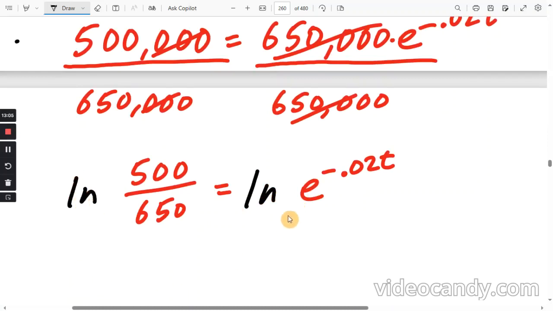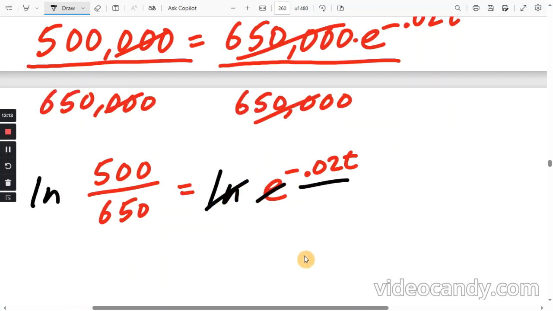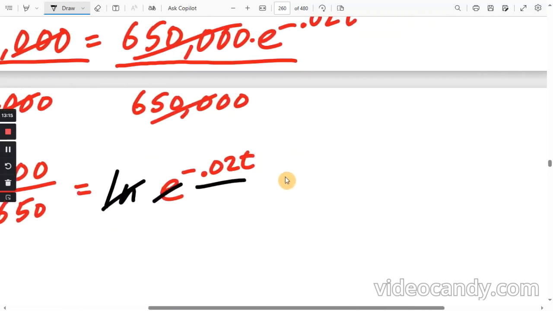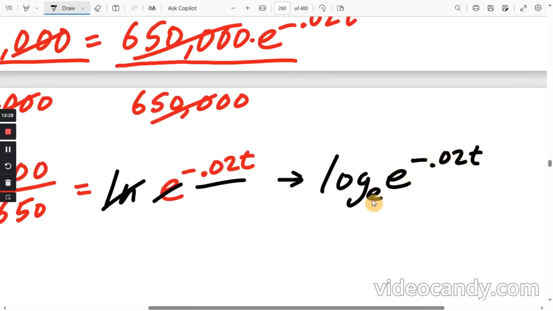On the right-hand side, natural log is base e, and here we have a base of e, so that cancels, and we are just left with the exponent. Okay, in case you don't understand what happened there, this ln is the equivalent of log base e, and we have e to the negative 0.02t. All right, so log base e and e cancel, and you're just left with the exponent.